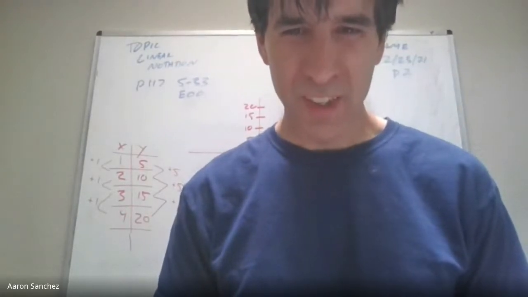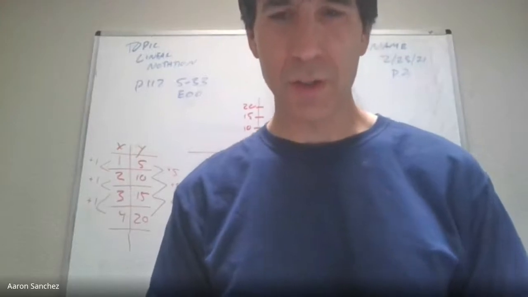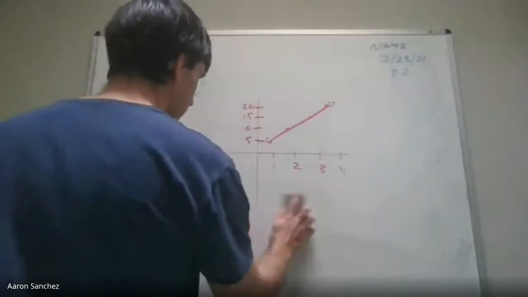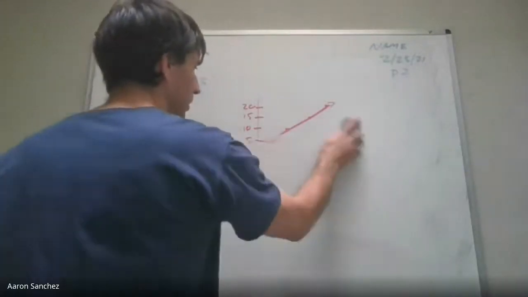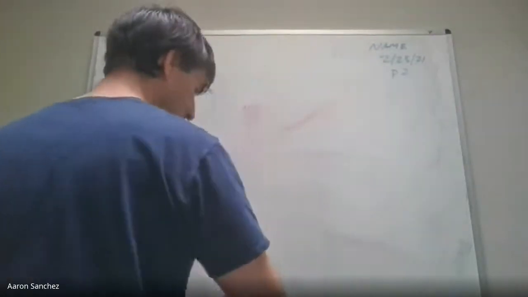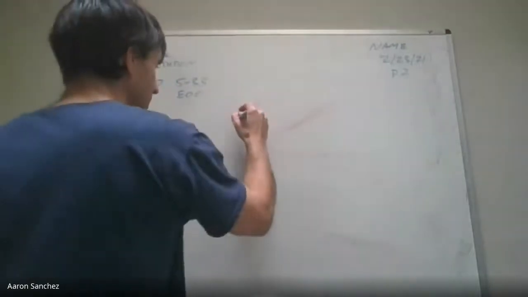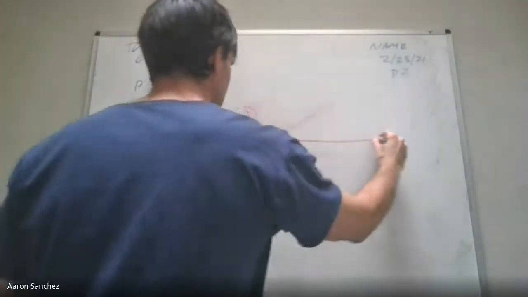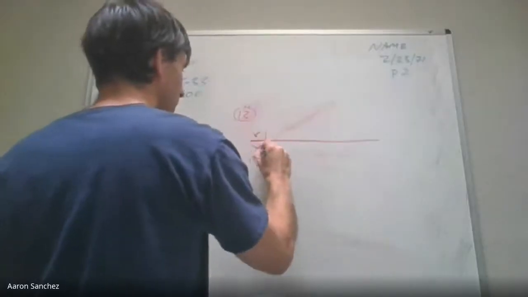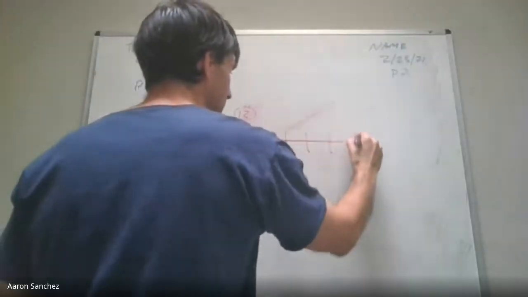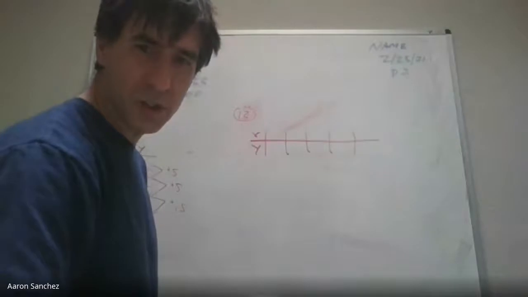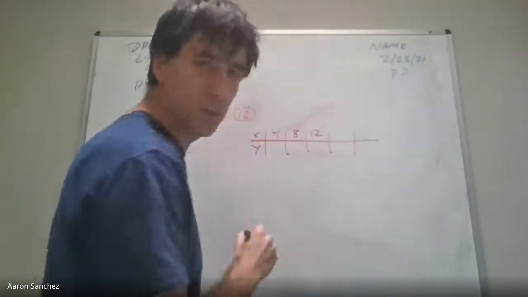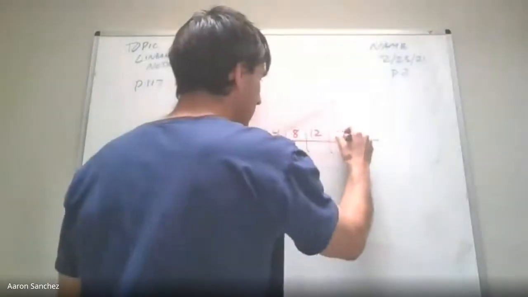Let's check it out. So is this linear? Let's look at 13. I'm just going to do the table. I think it would be good if we do this. 13. Thank you, Edith. Doing my chart, X, Y. So you guys draw the chart too. 4, 8, 12, 16.